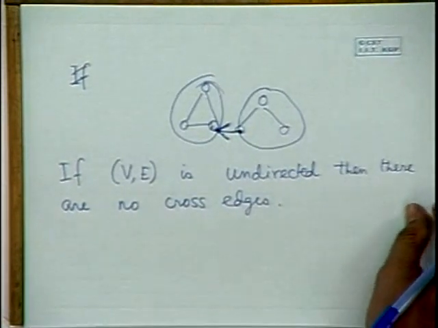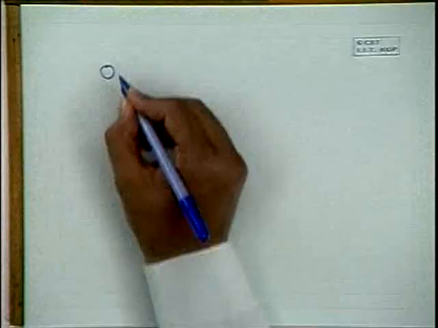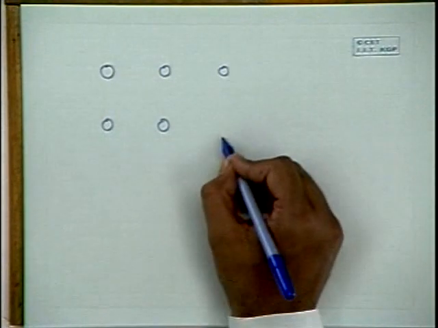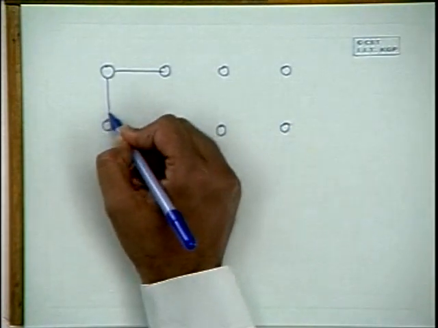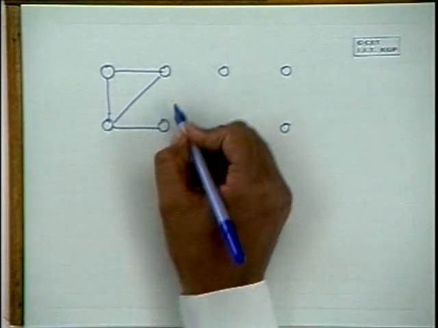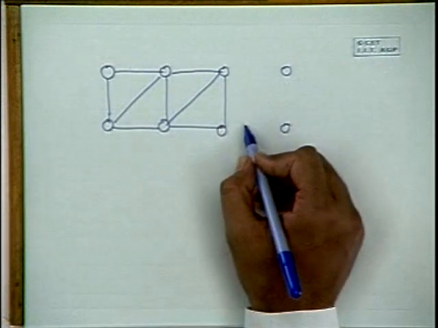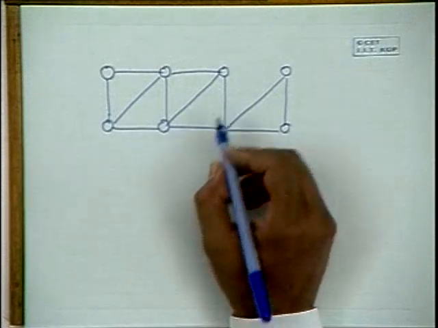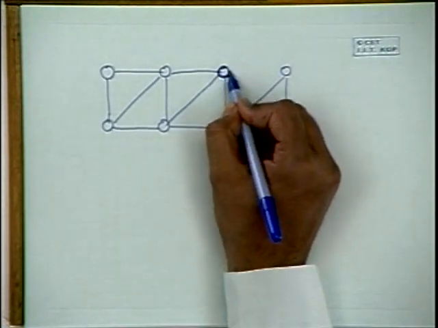So let us see. I just want to take an example and show you why it cannot have one. Okay, so let's take a similar example to what we had previously. This time there is no direction, only edges. So suppose we start from this node.